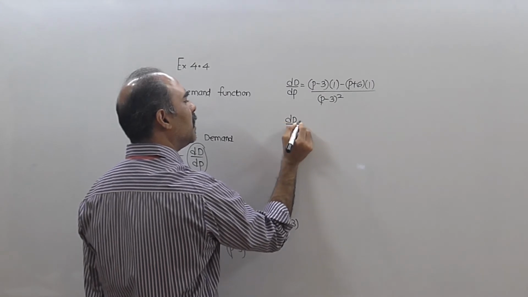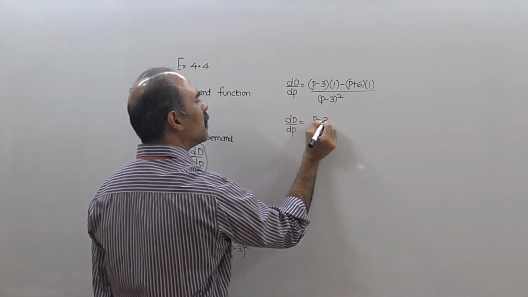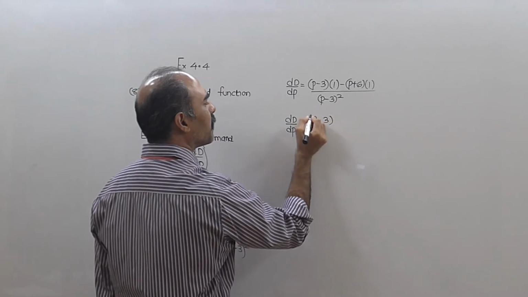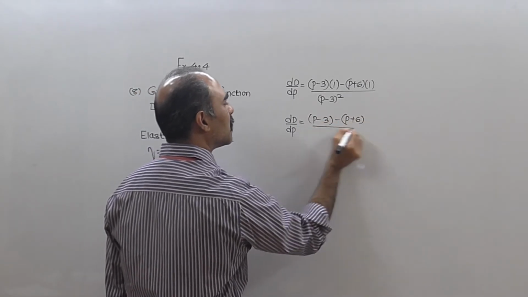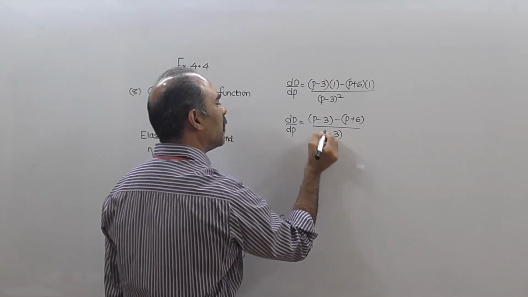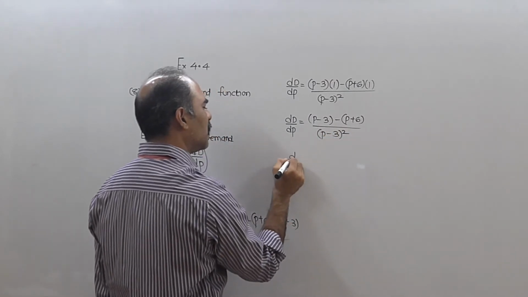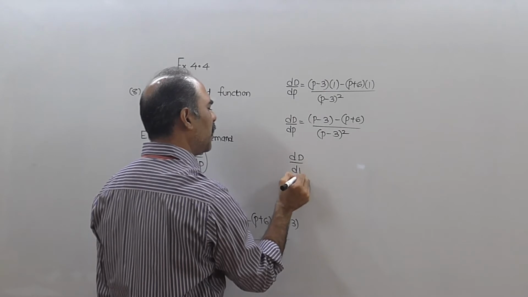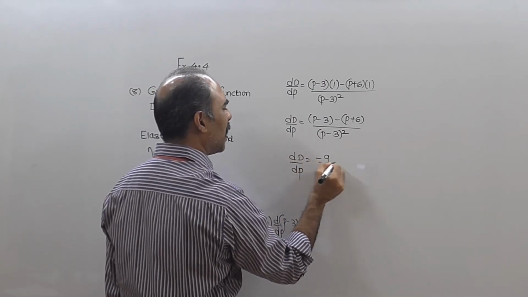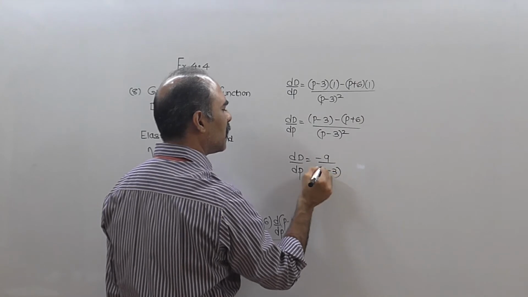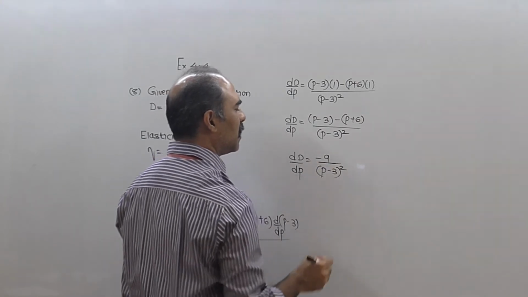So we get dD upon dP equal to P minus 3 minus P plus 6 the whole upon P minus 3 the whole square. If you open up the bracket, P and P will get cancelled. You get minus 9 upon P minus 3 the whole square.